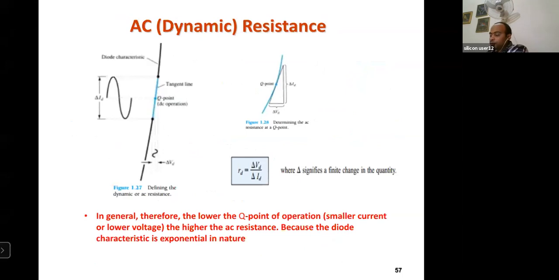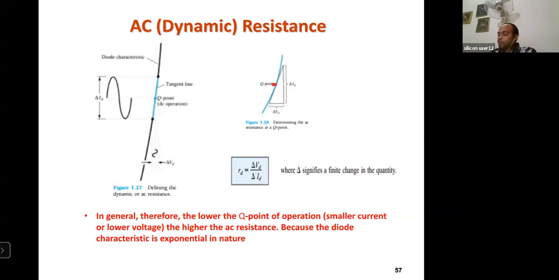Okay, suppose this is the Q point. Why the Q point? Again, that is the quiescent point, or the point of operation. We'll see that Q point after a few classes, 2-3 classes, when we solve problems on networks and diodes.